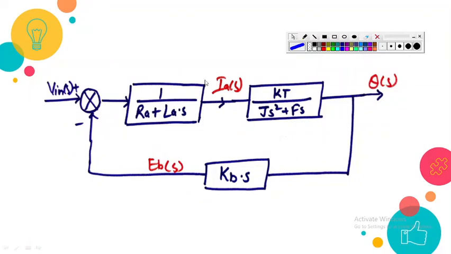So this is your block diagram for your armature controlled DC motor system, and I think it will now be clear to you how practical systems can be used, and how you find out the overall transfer functions, like we were deriving the overall transfer function using block diagram techniques.